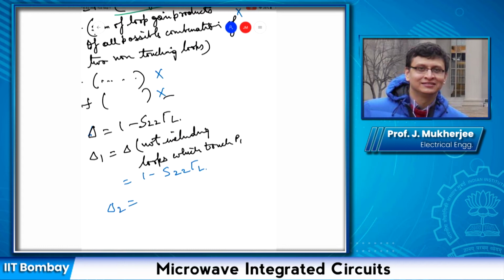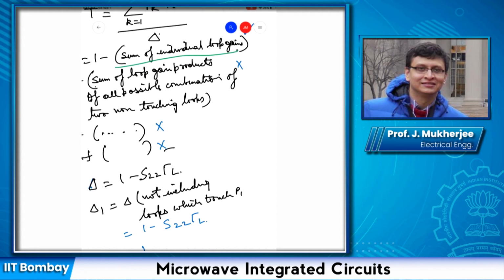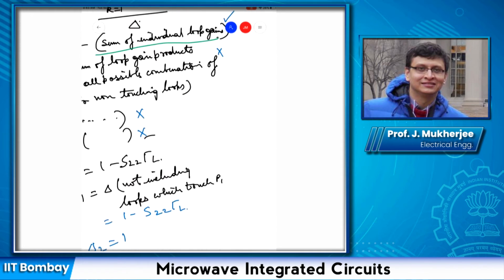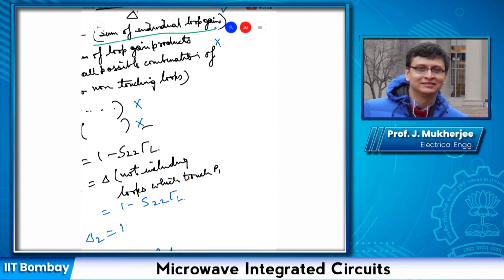Okay, now with these values established, let us find gamma in, which is equal to P1 delta 1 plus P2 delta 2 upon delta. P1 is nothing but S11, delta 1 is 1 minus S22 gamma L, plus P2. What is P2?